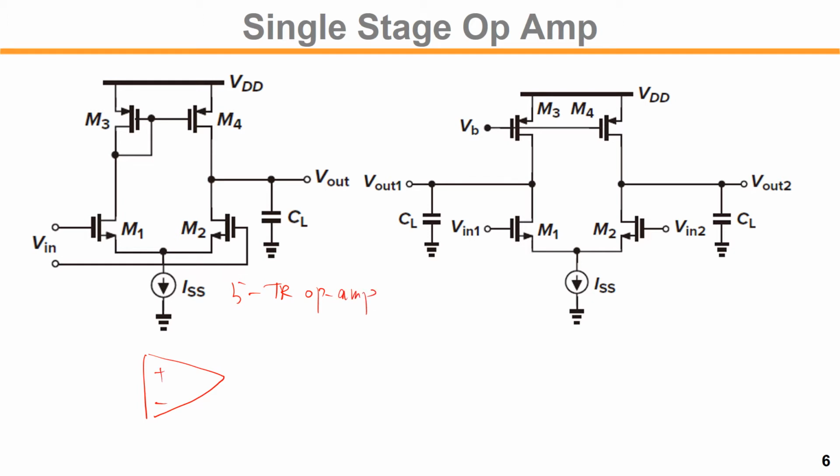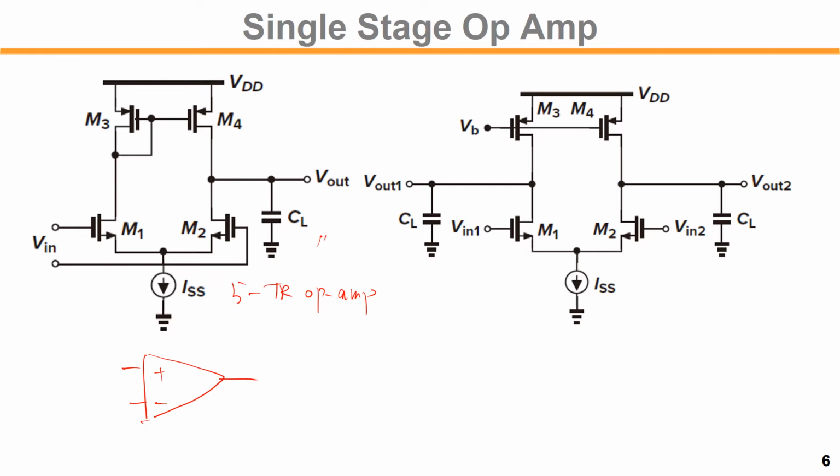Here we call it OPAMP, even though the output impedance is finite, because we only consider that the load condition is capacitive. Okay. Sometimes people commonly use the term OPAMP, even with the OTA shown here, right? In that special case, this is a 5TR OPAMP.